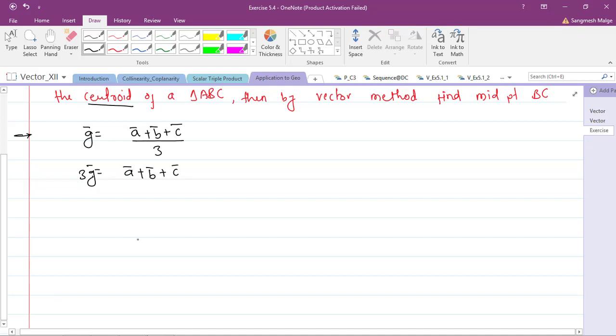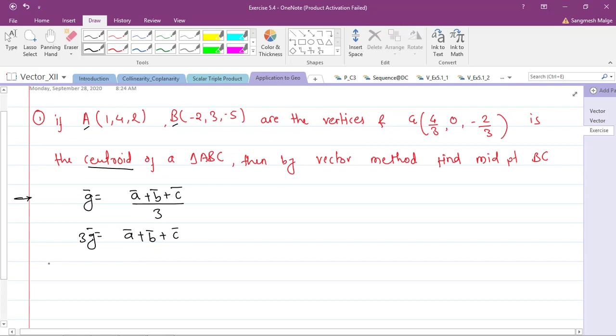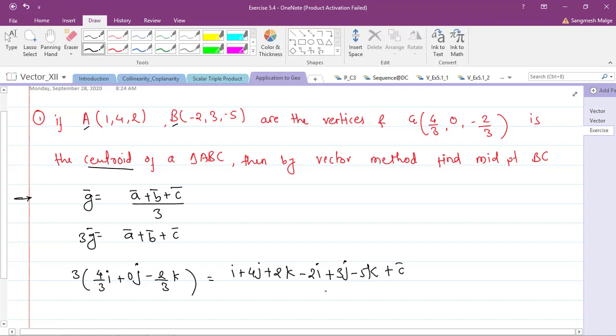Substituting G bar, 3 into 4/3 I plus 0J minus 2/3 K equals A bar, which is I plus 4J plus 2K, plus B bar, which is minus 2I plus 3J minus 5K, plus C bar, which we don't know. Let's find that.